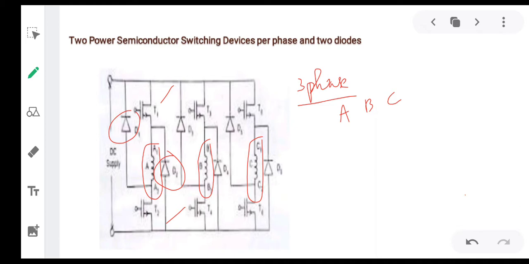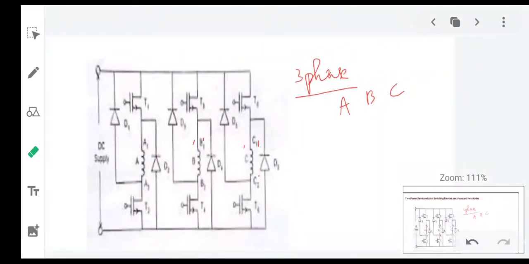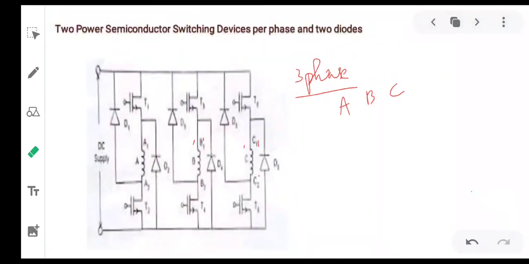Now how this works is, for turning on, when A and A dash are excited, so when the winding A is connected to the DC power supply by turning on switches T1 and T2.